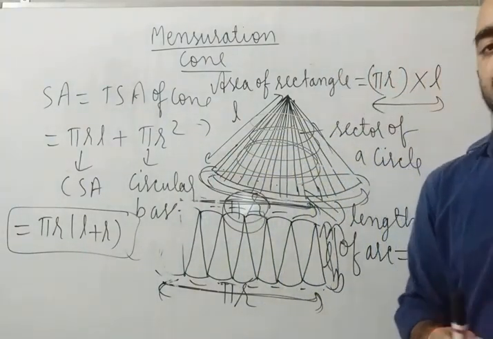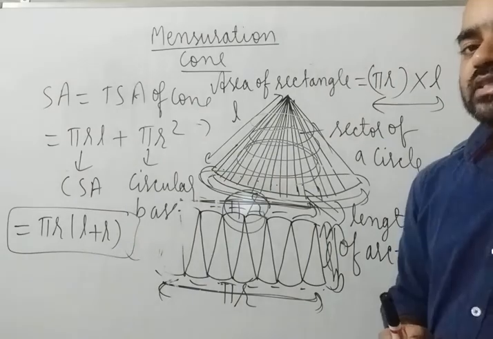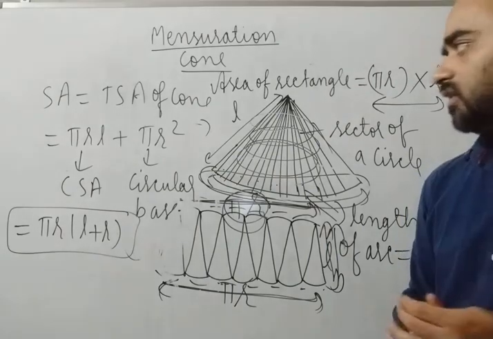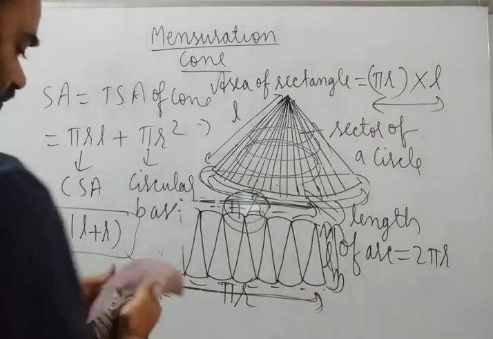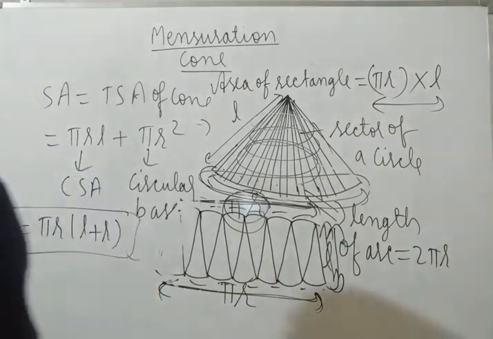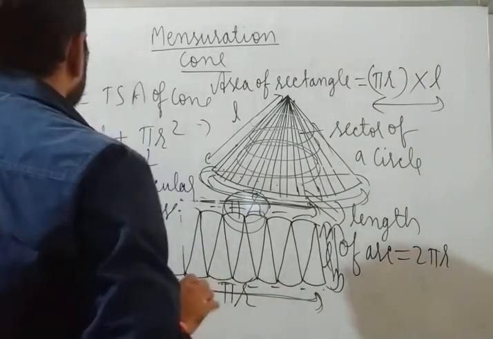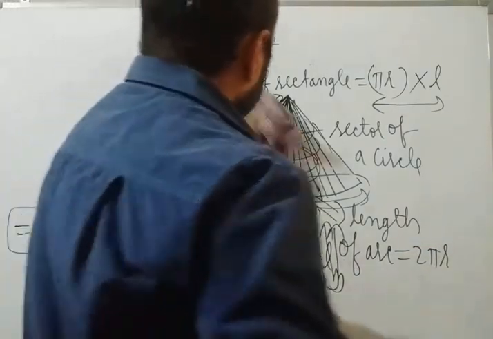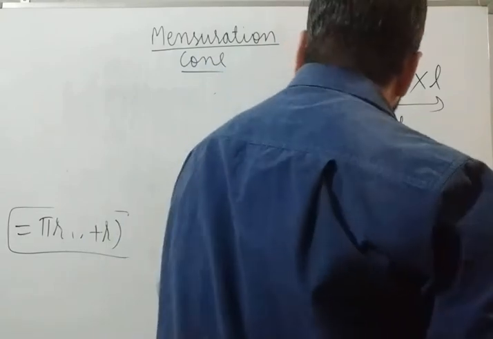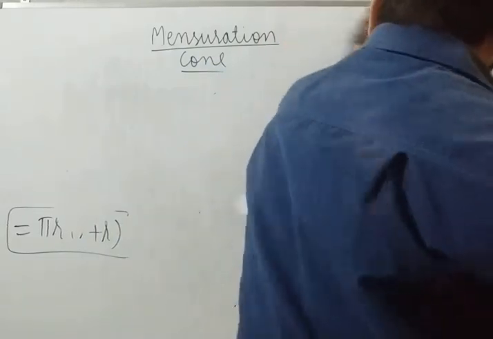Done. And we have three dimensions in the cone, L, H and R. What is the relation we have done?